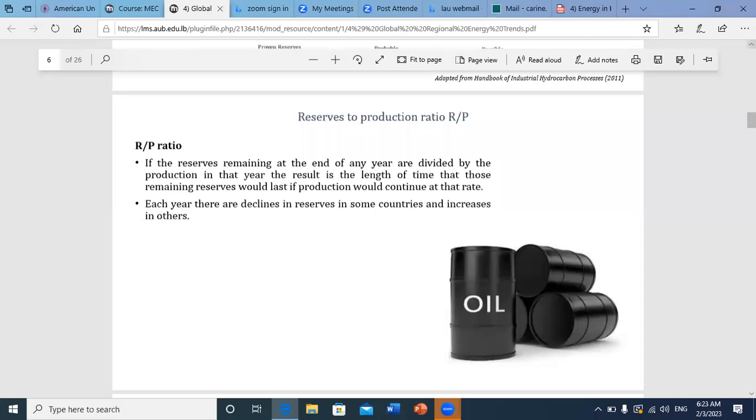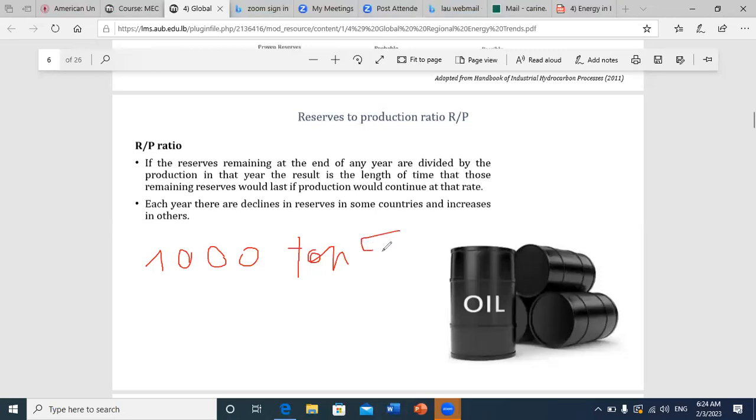So if the reserves remaining at the end of any year are divided by the production in that year, the result is the length of time that those remaining reserves would last if production would continue at that rate. And for example, let us say we have reserves of 1,000 tons of a certain quantity, and we are using 500 tons per year.